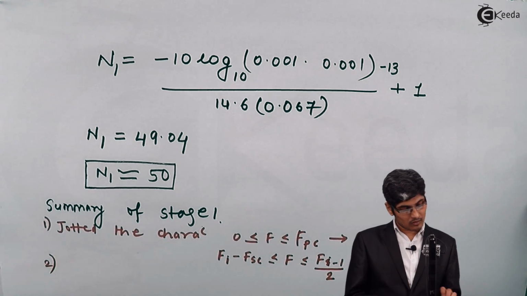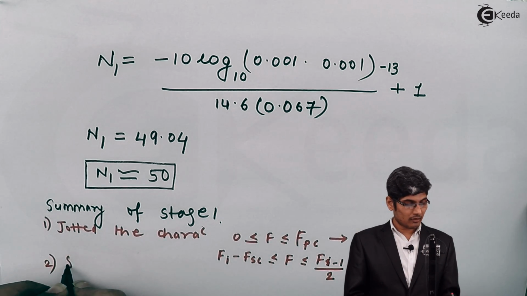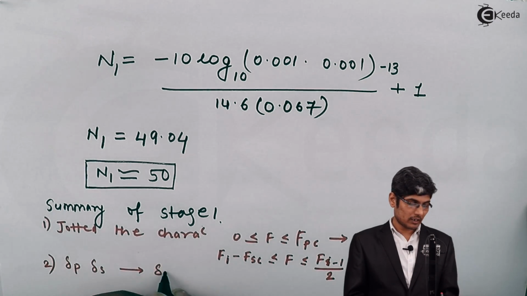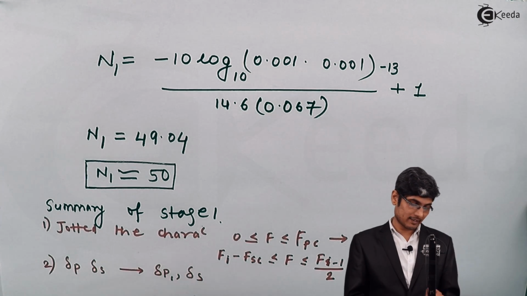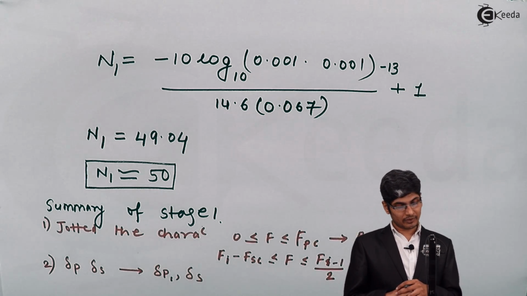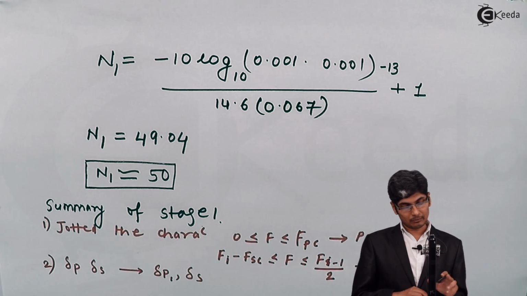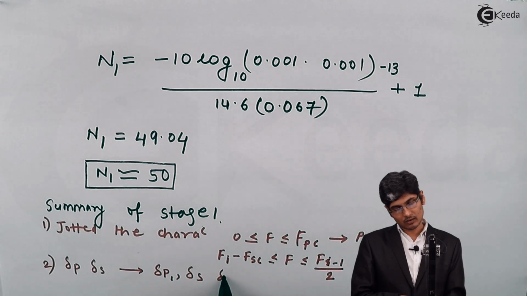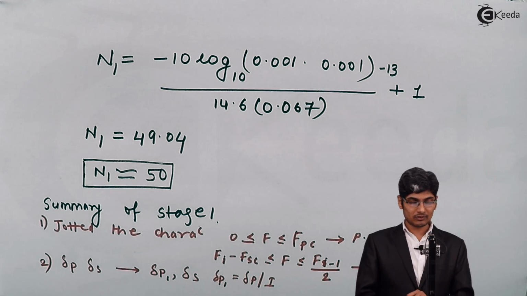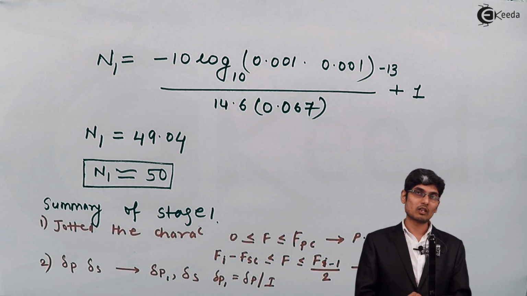Second, we used delta p and delta s and found delta p1 and delta s. So delta s has no change, and delta p1 is equal to delta p upon the number of stages, let's say I. Here the number of stages is 2, so I divided by 2.